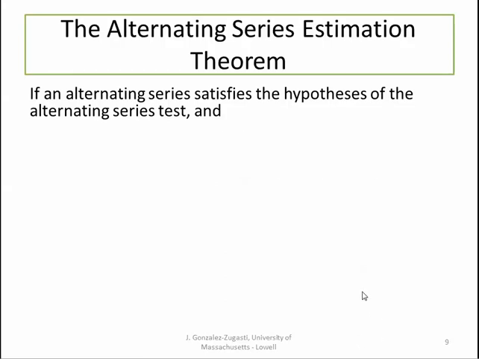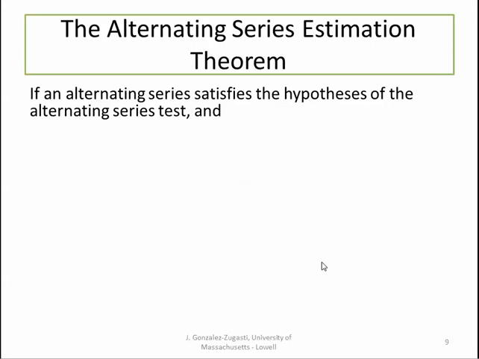Sometimes we don't care about the actual value of the series, we care whether it converges or diverges, and sometimes we just want to know, is it approximately equal to something? Well, there's something called the alternating series estimation theorem, and here's what it tells us.